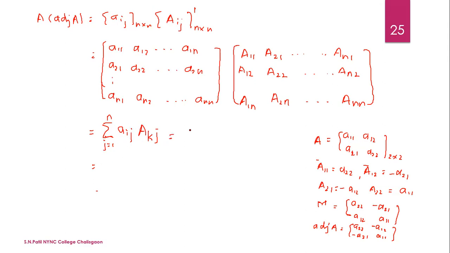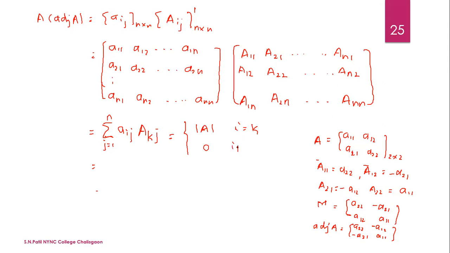We get two types of values. See, we have seen the 2 by 2 matrix. When these two elements are the same, when I is equal to k, here the last is the same. When I is equal to k, that time the determinant remains.